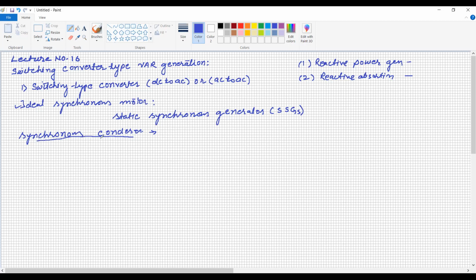If the same function can be obtained with the help of a switching type converter, it becomes a static synchronous condenser or compensator, and hence the short name of this becomes Statcom.